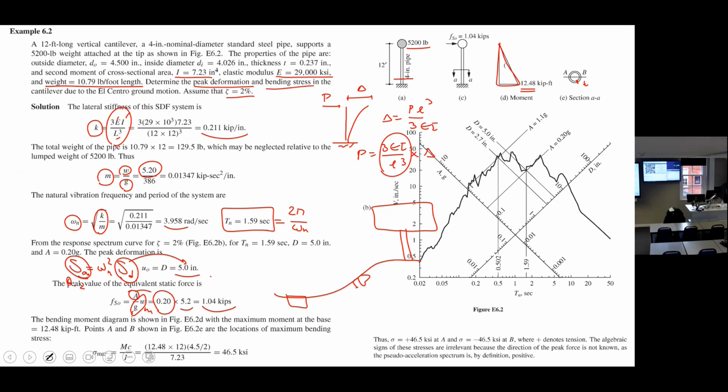So the bending stress from structural mechanics. Can you see this? This is sigma max. Sigma max means the maximum stress: M C over I. M is the bending moment. C is this one, half of your section.